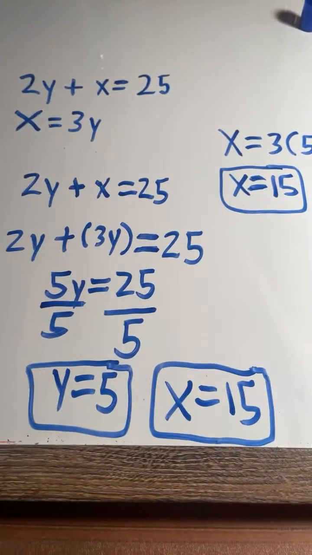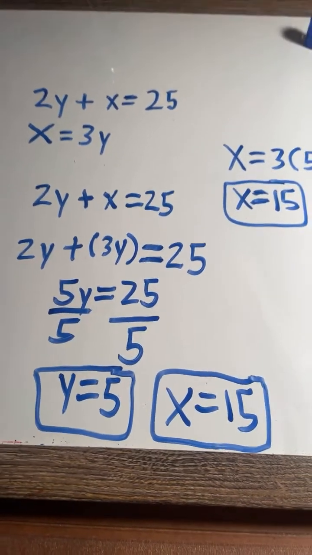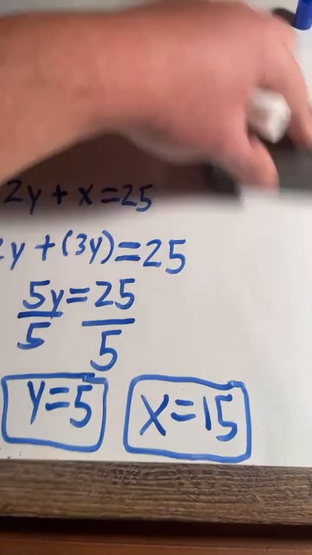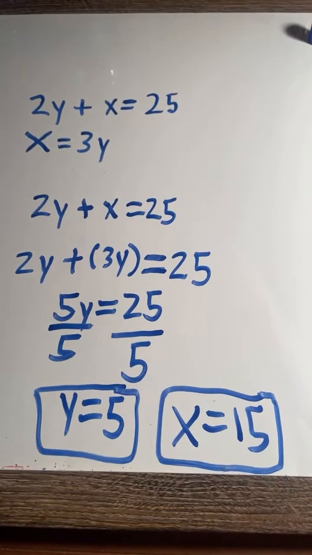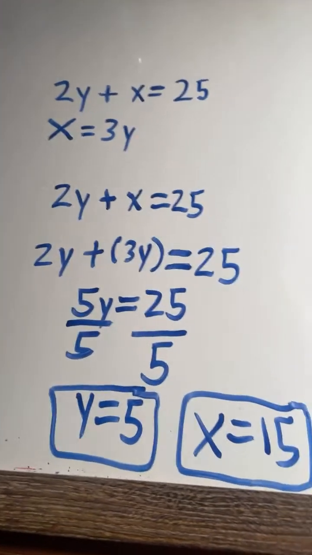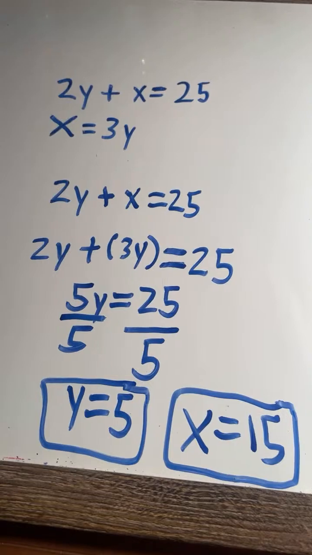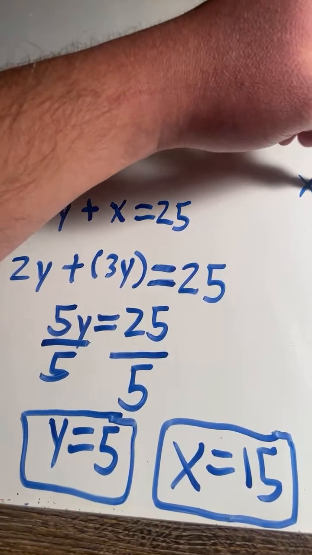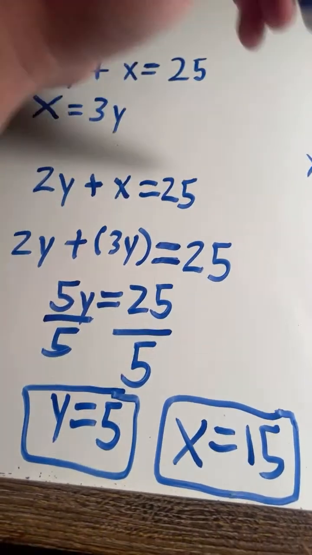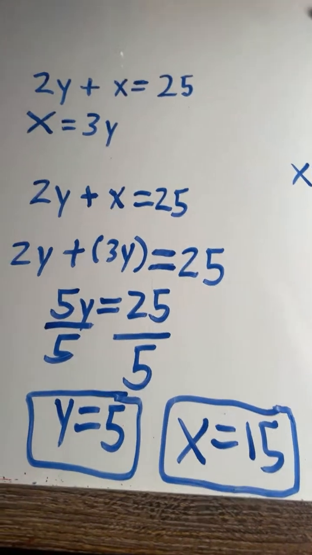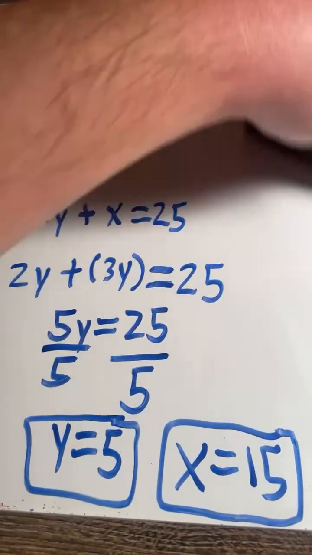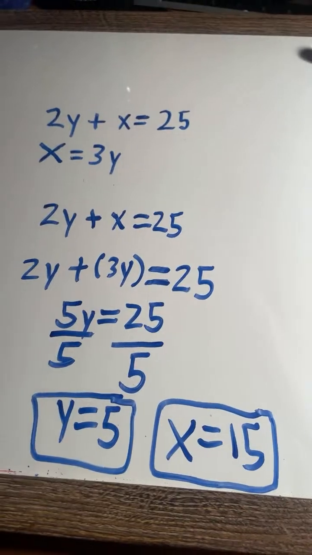Now, how do we know we're correct? How do we check it? We'll check it by putting in the values for both problems. All right, now we're going to check our values here.